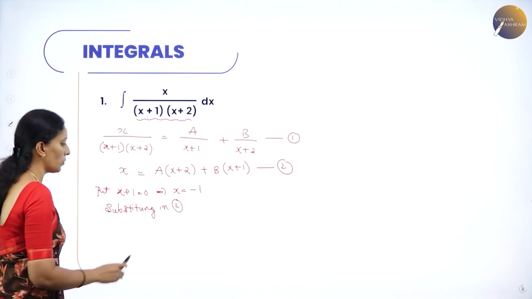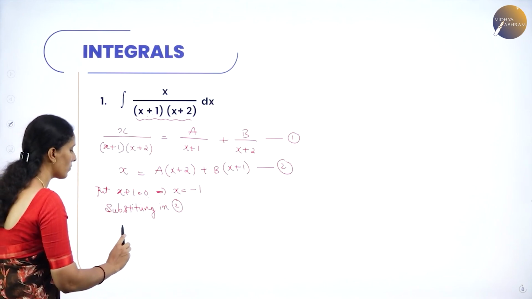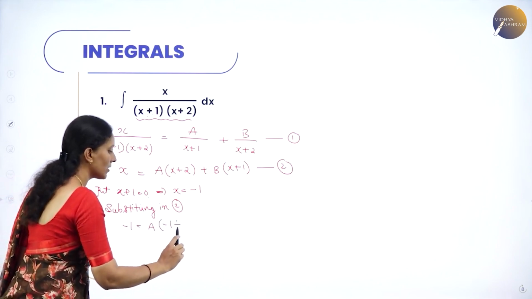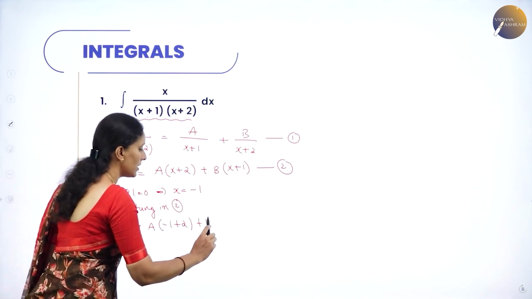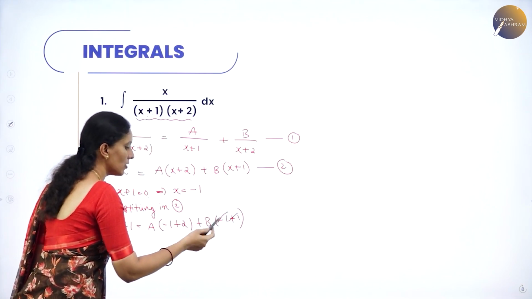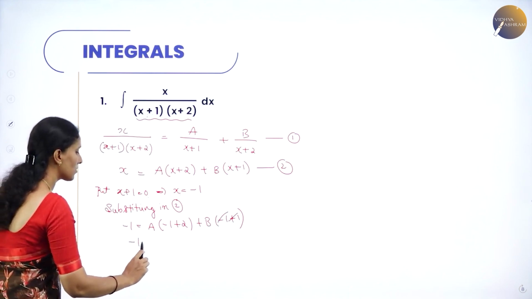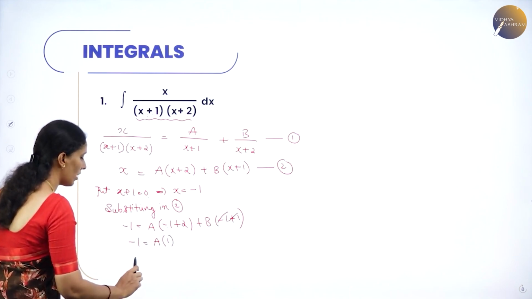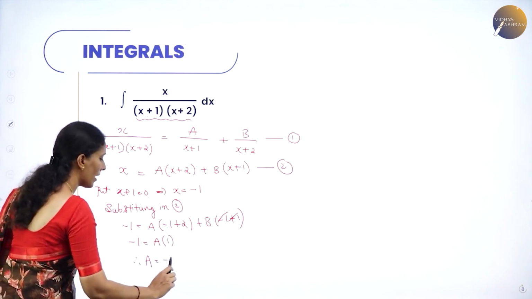Substitute in equation 2. So put x equal to minus 1: minus 1 is equal to a into minus 1 plus 2 plus b into minus 1 plus 1. The second term cancels, so it becomes 0. Here we have minus 1 equal to a into 1, since minus 1 plus 2 is 1. Therefore the value of a is equal to minus 1.